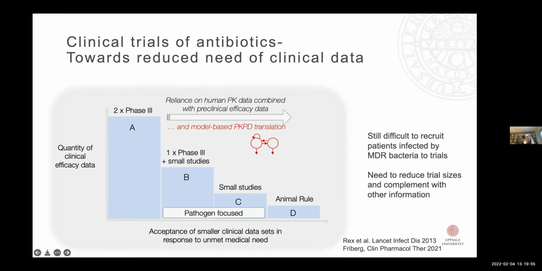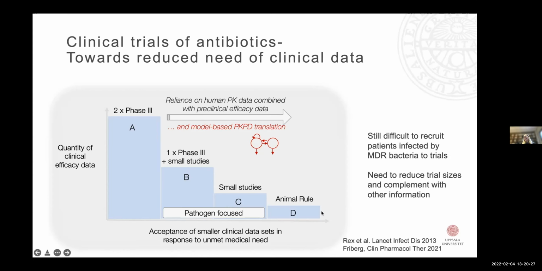So what has actually happened is that it's more towards this tier B now, where it's maybe sufficient with one large phase 3 trial, which you can combine with several smaller studies. The idea is that the more informative preclinical data we have, the more we may be able to reduce the clinical information and rely on other aspects.